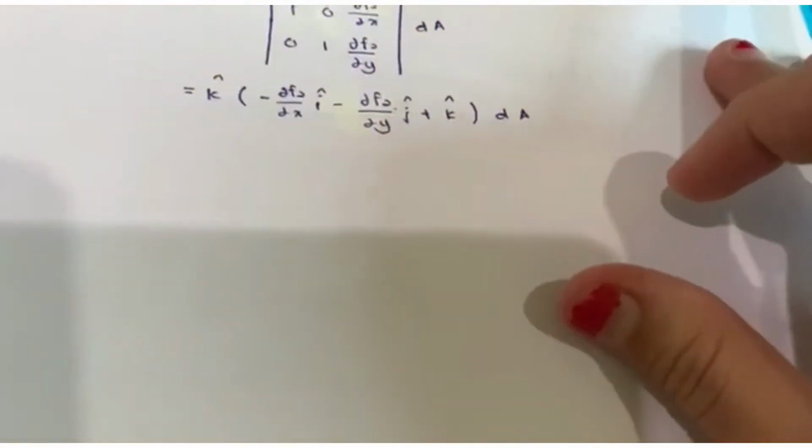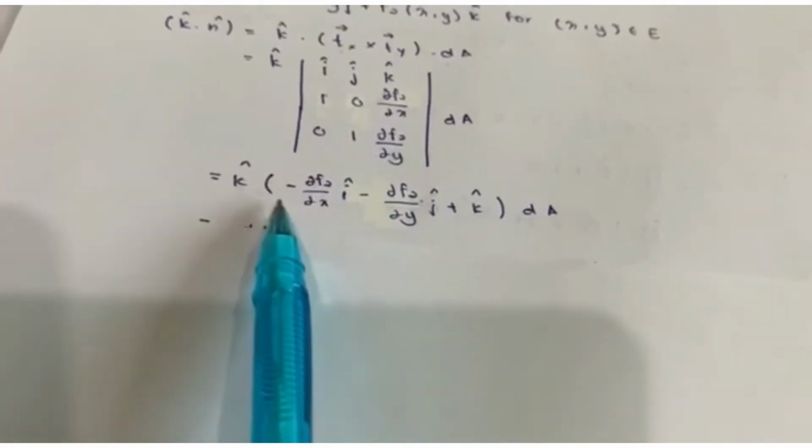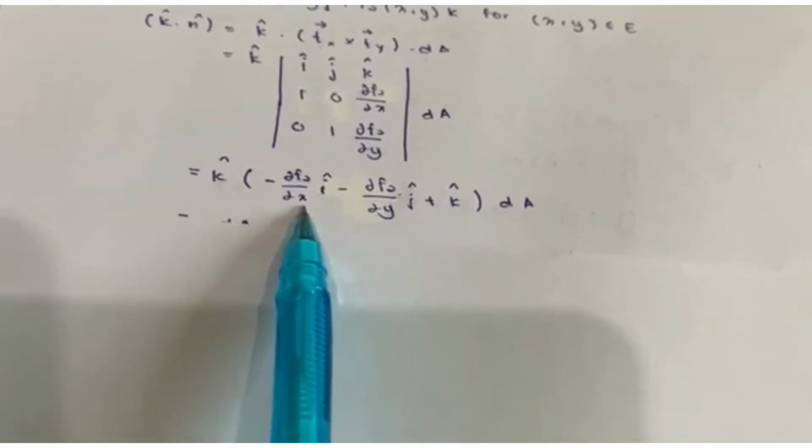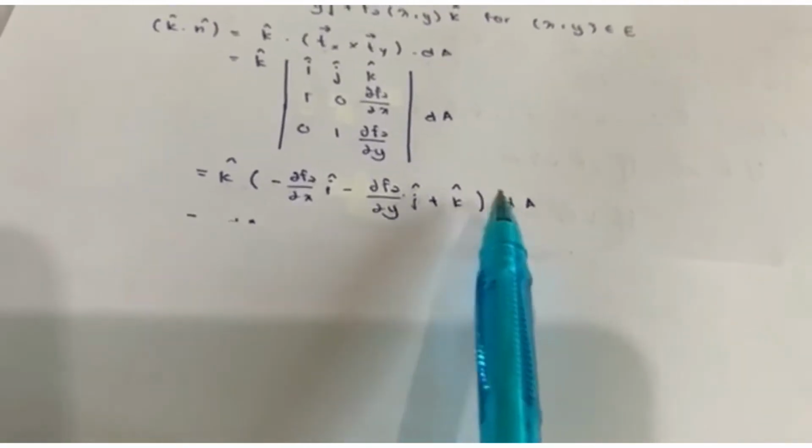And then we solve this part, we get negative del f2 over del x i minus del f2 over del y j plus k dA.